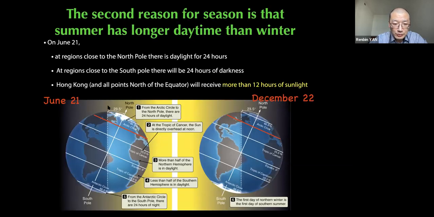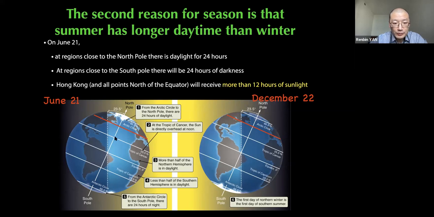And then also the summer days are longer because of the tilt of the Earth's rotation axis. What determines the length of the day and length of the night? There is this division on the Earth: the half of the Earth that is lit by the sun is in daytime, and the half of the Earth that is not lit by the sun is at night, right?